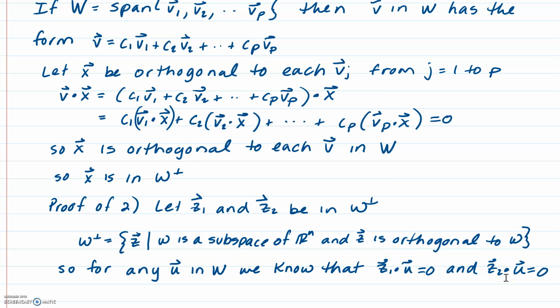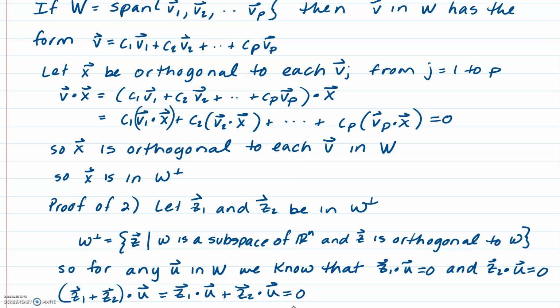So let's look at Z1 plus Z2 dotted with U. That is equal to Z1 dotted with U plus Z2 dotted with U, and therefore the whole thing is 0 since each one is 0.